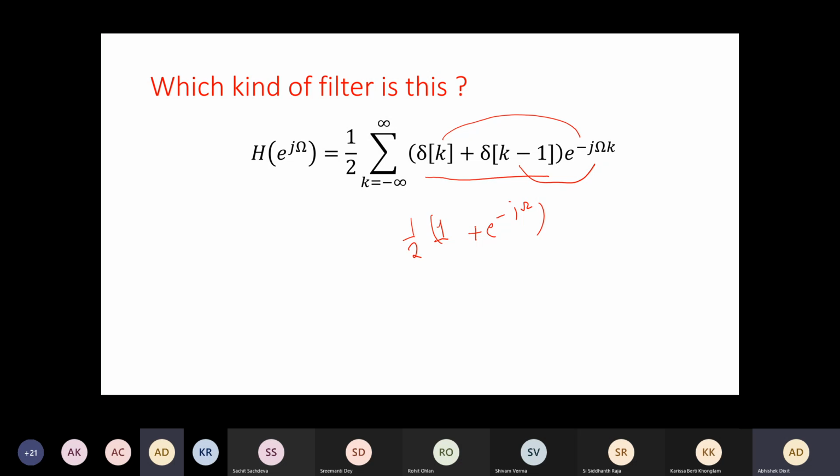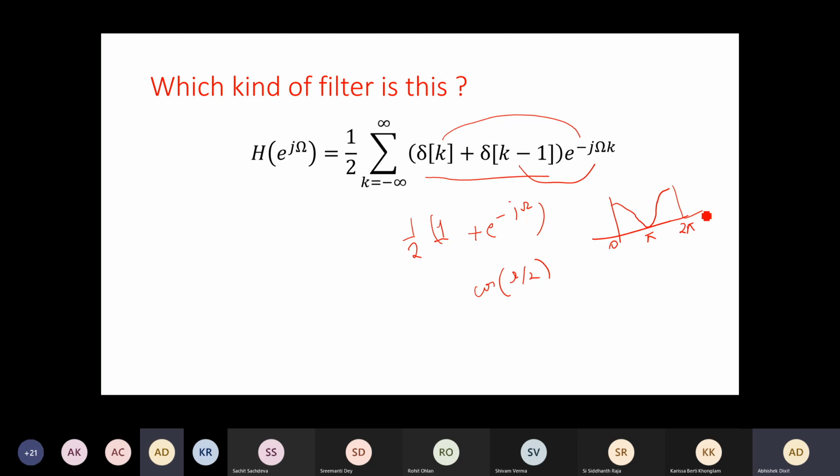Now you can arrange this in some ways like before, and you would get a function cos omega by 2, just as we arranged the last one. Cos omega by 2 is like this. So we are looking at this mod. So it's a low pass filter.